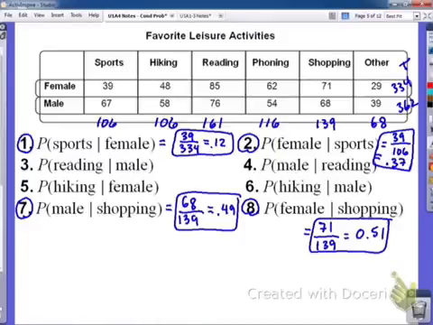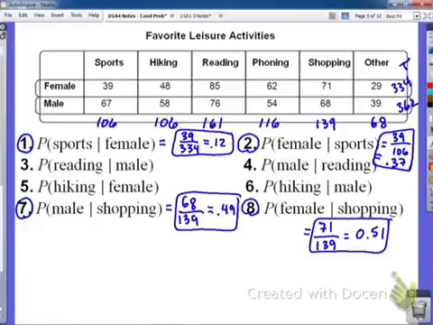Okay, I selected 1 and 2 as well as 7 and 8 for this reason. In number 1 and number 2, the numerators are the same, and in number 7 and 8, the denominators are the same in the fractions. There are all sorts of situations that are going to come up, but I want you to pay close attention to these types of situations and the meanings of them.